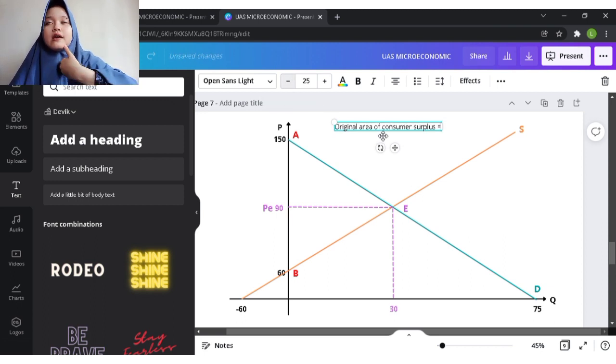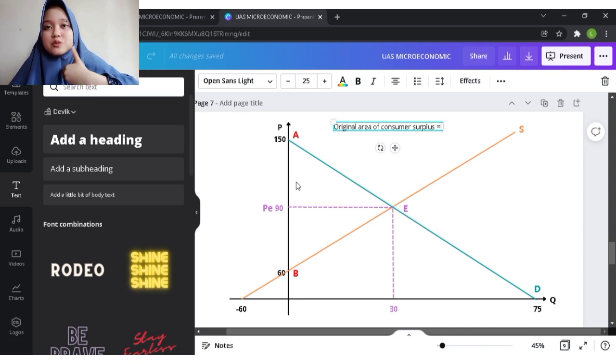So for instance, if I go to the market and I want to buy a candle, I prepare the money, let's say $100, but when I go to the market and buy it, the price is actually 90.